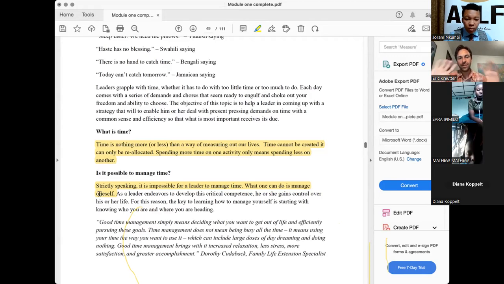So time is just there. It's a clock. It's always going. The way that you interact with time is by self-management. It's by you taking control of your life. It's by you making proactive decisions about how to use your time.